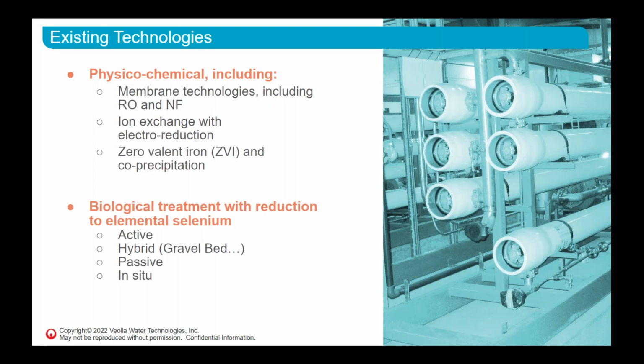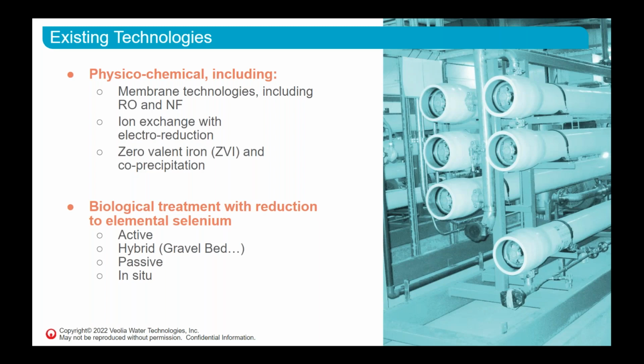The zero valent iron is the metallic iron, which does reduce the selenium, and where you do have co-precipitation. All of those technologies work, and I'm not going to say they don't work, but they all have various issues, which I'm going to cover on the next slide.